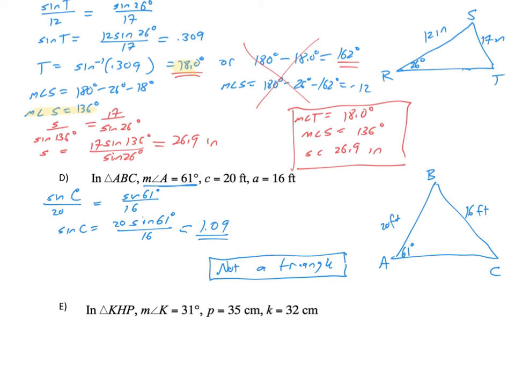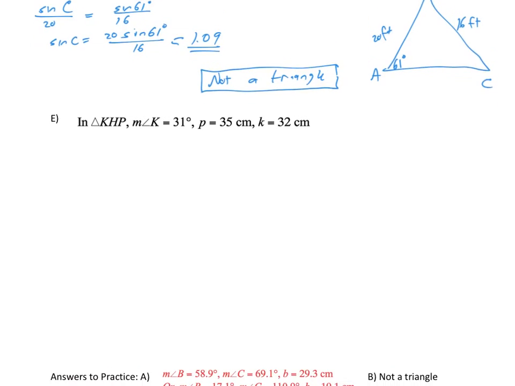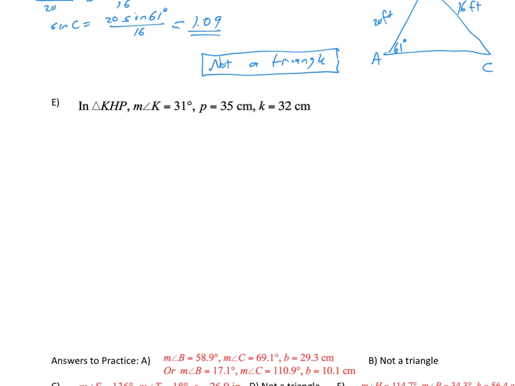All right, last one. So in this problem, we're given an acute angle, so we could have the possibility of two triangles. So I'm going to go ahead and make a sketch. So angle K is 31 degrees, side length k is 32 centimeters. Put on my other vertices, H and P, and we're given side length p is 35 centimeters.